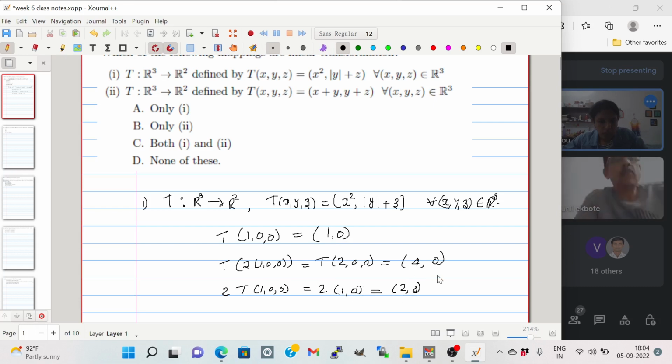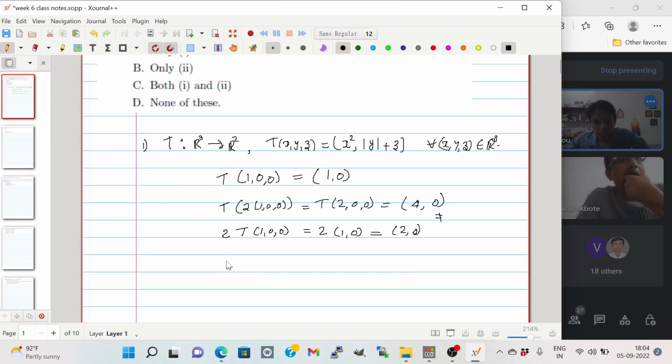That means these values are not the same. These are not equal, 0 and 20. That is, T of Cx equals C into T of x, this condition is not satisfied. This T does not satisfy this condition, so T is not a linear map.